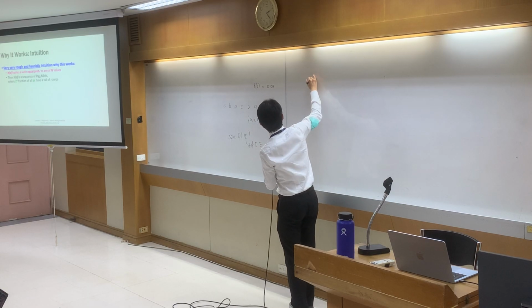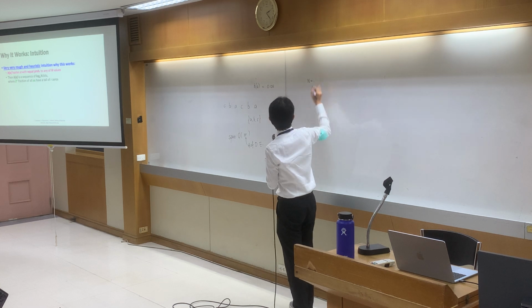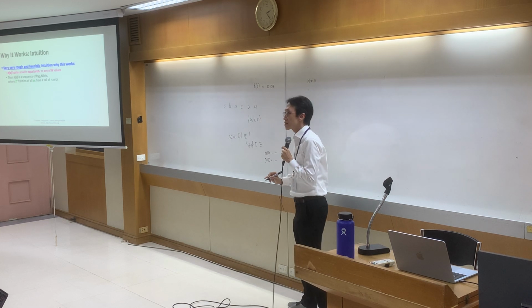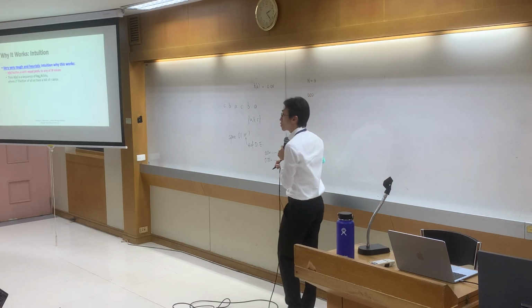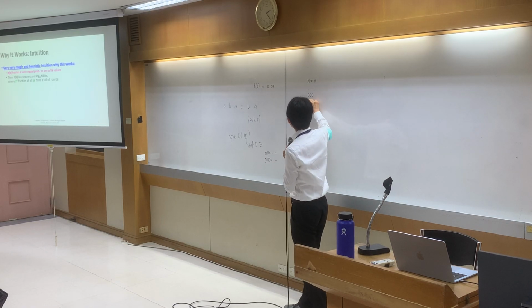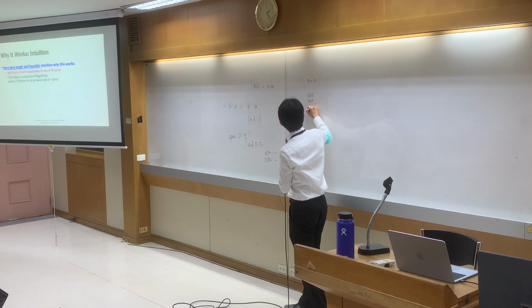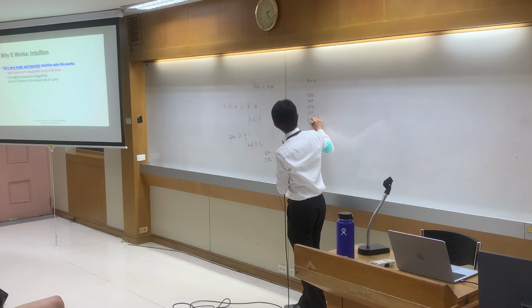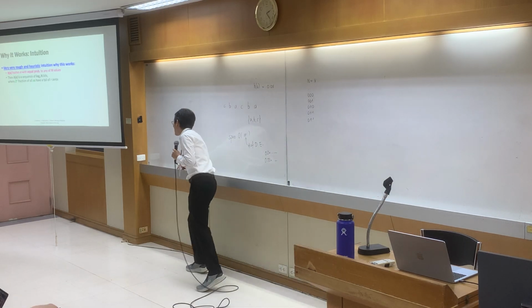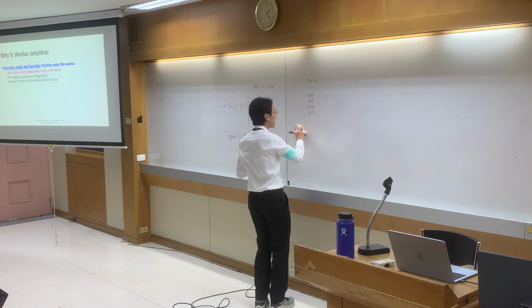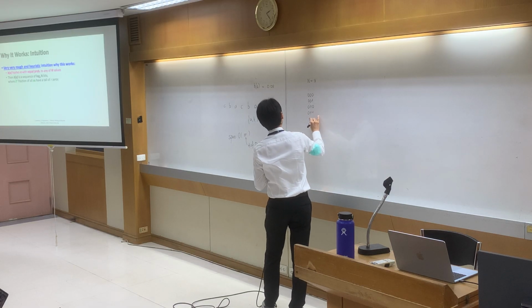Let's say n right now, the range is 8. So what are the possibilities? Maybe it's going to map to 0. This is binary. Maybe it's going to map to 1. Maybe it's going to map to 2. Maybe it's going to map to 3. Maybe it's going to map to 4, not that way, I can't in binary, but anyway, let me fix that real quick.